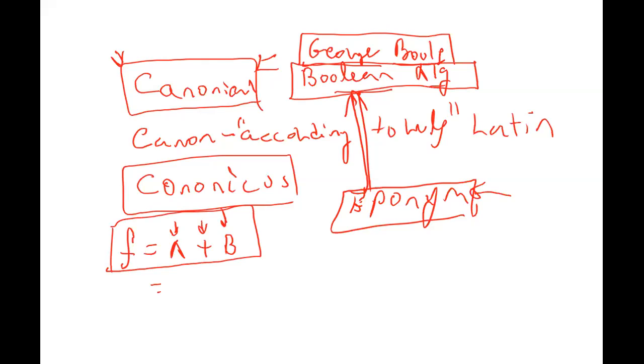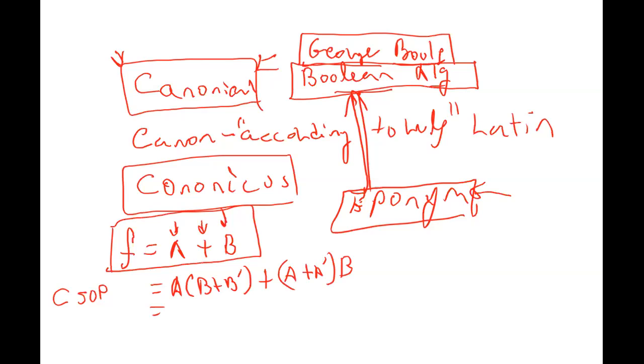And the answer is the canonical sum of products, which I'm going to abbreviate as CSOP, is equal to A times (B or B inverse), which we know is also a form of 1, plus (A or A inverse), also a form of 1, times B.